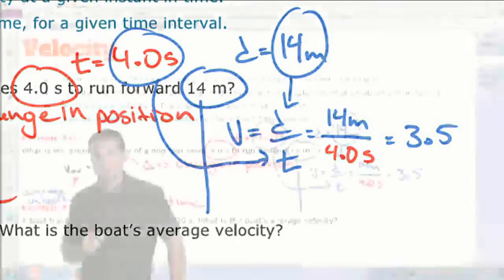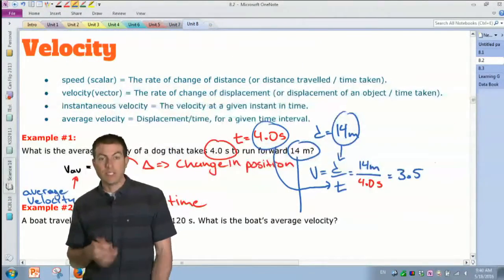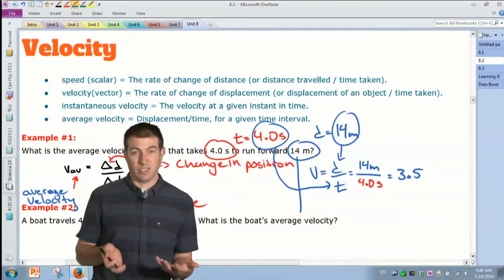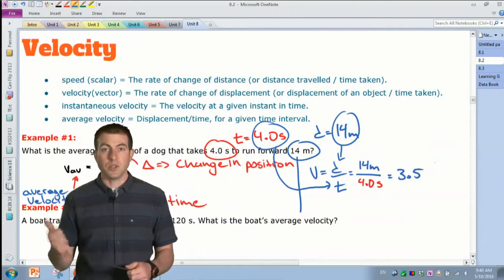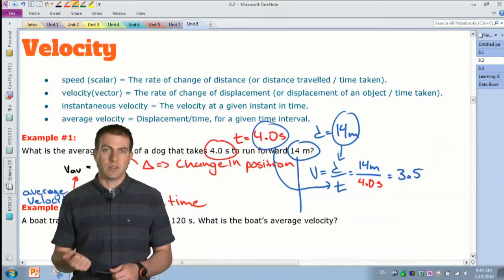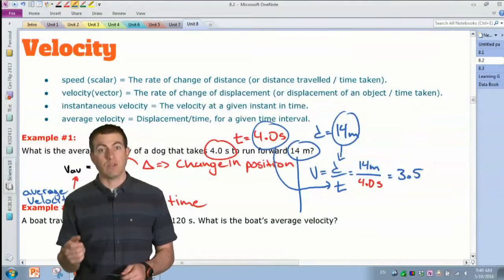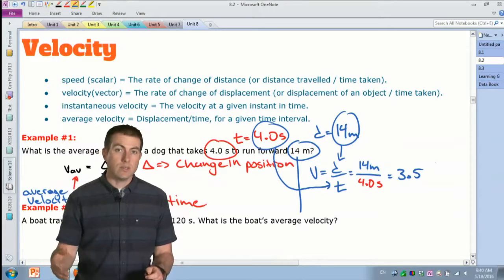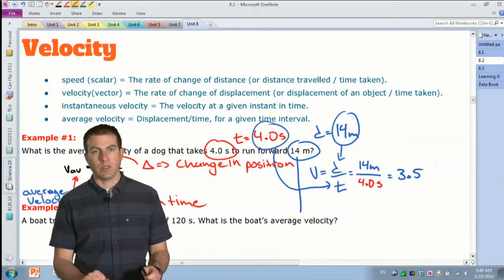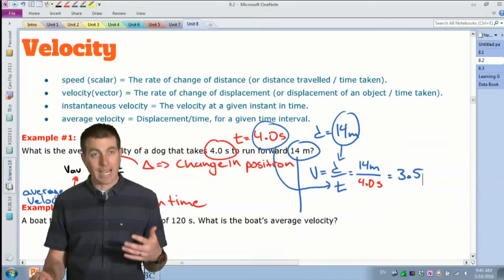Now, this is where physicists, or physics teachers mainly, we get really angry. Because when you have an answer, you have to include units. And because we found a velocity, which is a vector, we need to include a direction. So what units and what direction are we going to associate with this 3.5? And how do you know?